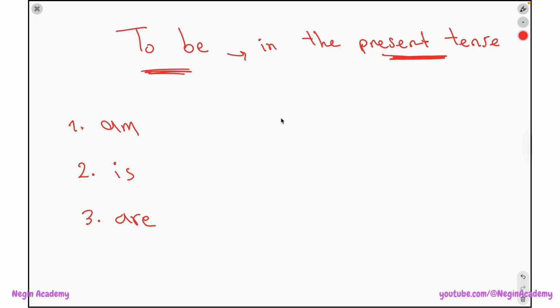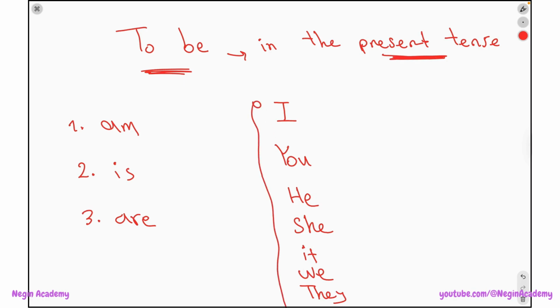For example, we have subject I, we have subject you, we have subject he, she, it, we, and they. These are all subjects in the English language.